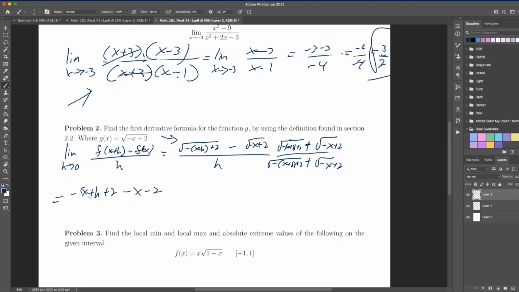And let's go ahead and distribute this negative as well. And so if we distribute the negative as well, we'll have minus x minus h. This is a plus.